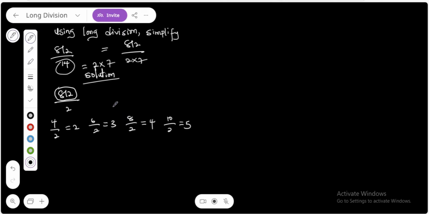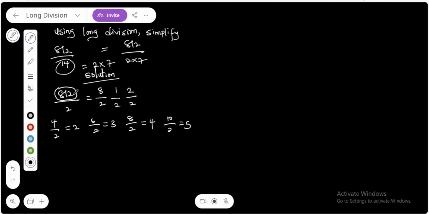just like that. However, we can split this 812 into a single digit division that makes it easy for us to solve, such that I divide each digit individually by the divisor 2. So this is the same thing as having 8 divided by 2, 1 divided by 2, and then 2 divided by 2.